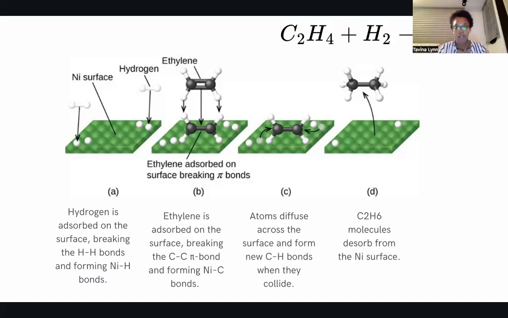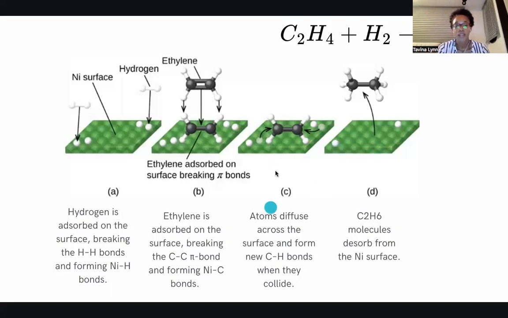So the next step, carbon-hydrogen bonds are able to form as a result of these atoms diffusing and basically colliding across this nickel surface to form ethane, which is then desorbed off of the nickel surface.